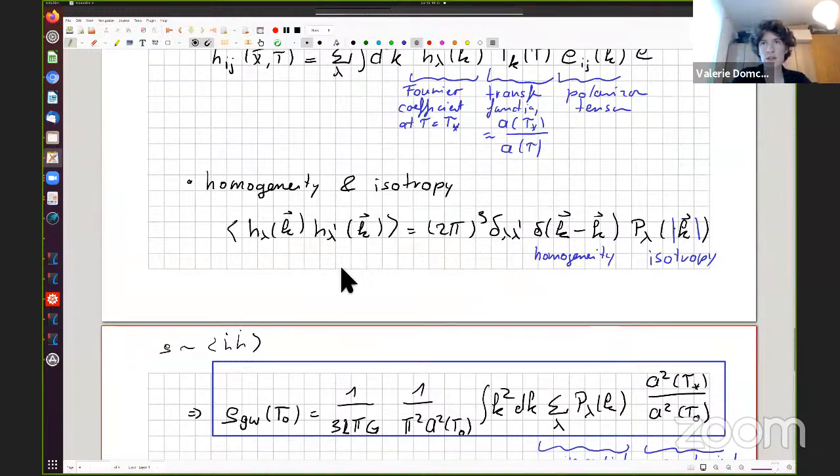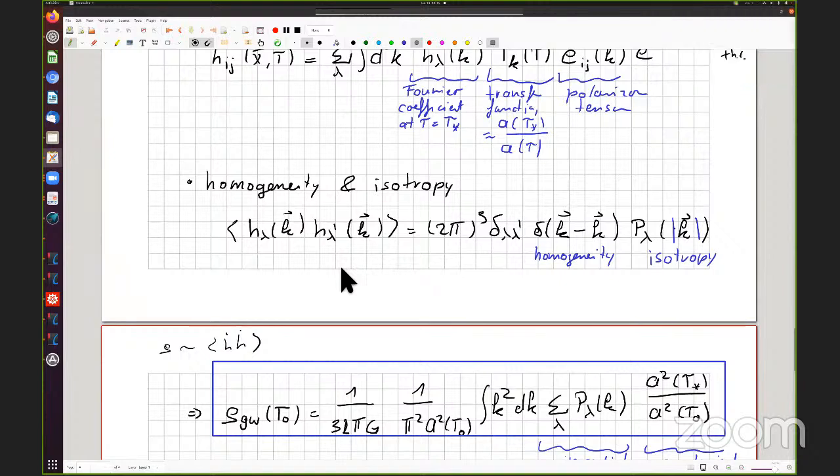So this is essentially a statement about the statistics of these perturbations. It's true that we still have the averaging going on somewhere, because we need the averaging to even define properly what a gravitational wave is. But once we have separated out what is a gravitational wave, then this is a property of the statistics of the 2-point functions of these objects.